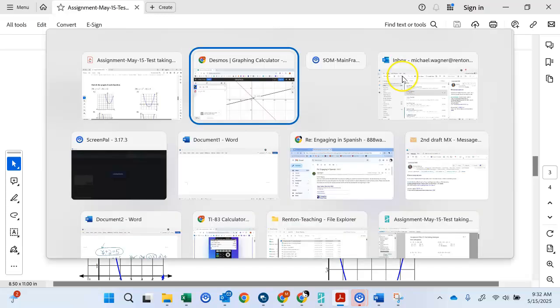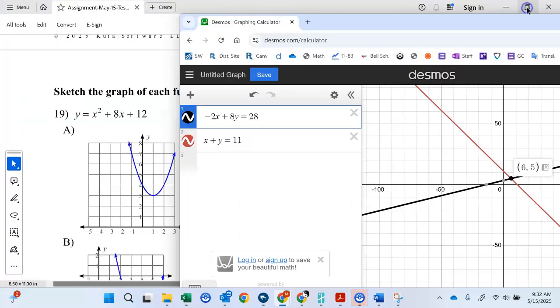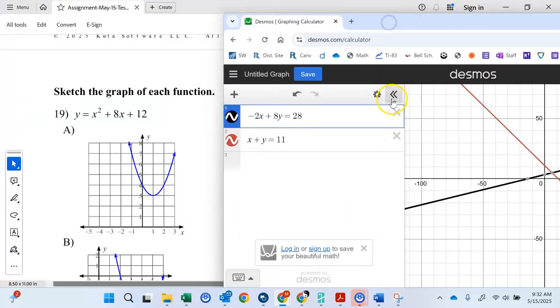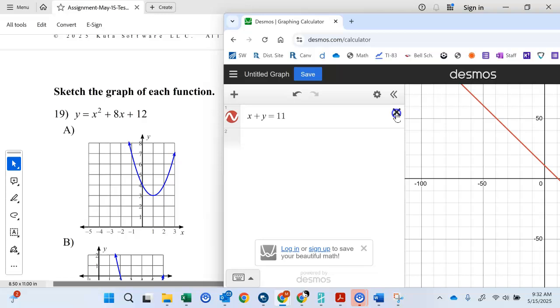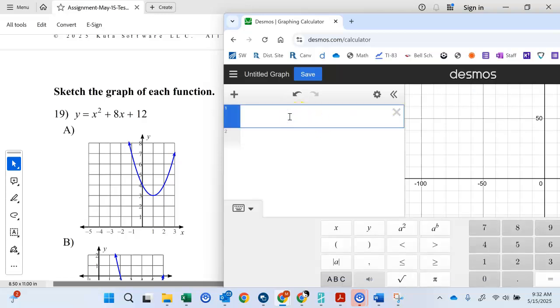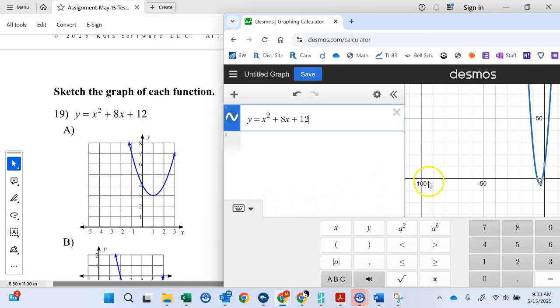So let me go back to my calculator, make it smaller. Okay, so now I'm going to get out of this, and I'm just going to type it in like I showed you before, y equals x squared plus 8x plus 12. So I just did it, and then I'm going to look at this one.